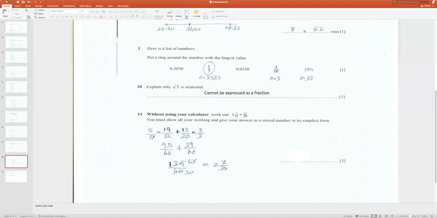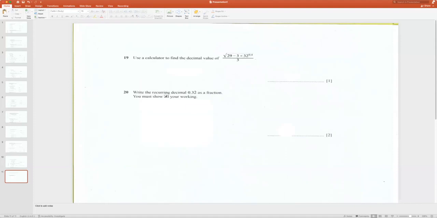So 5 times 12, 60, 5 times 19 is 95, 39 over 60. Then we can write the answer. Use a calculator to find the decimal value of this one. So you can use the scientific calculator to calculate this value.